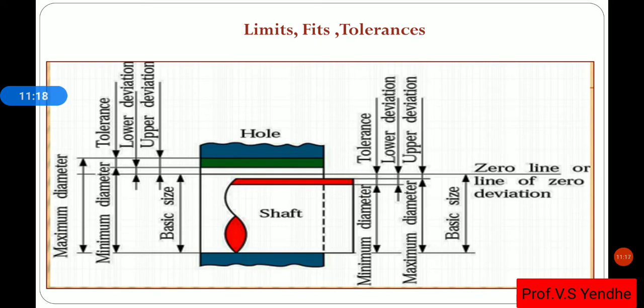That means it is the maximum permissible size of the component. Then minimum limit is the minimum permissible size of the component, that is known as the minimum limit.